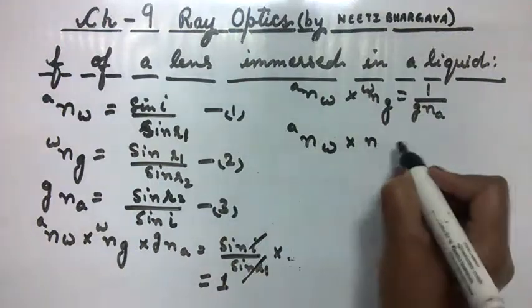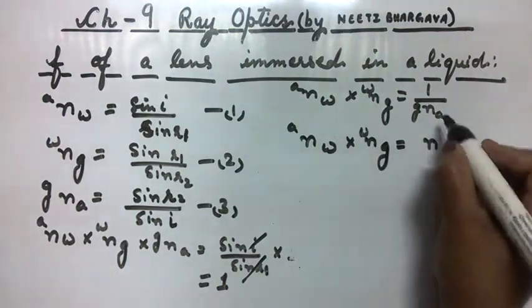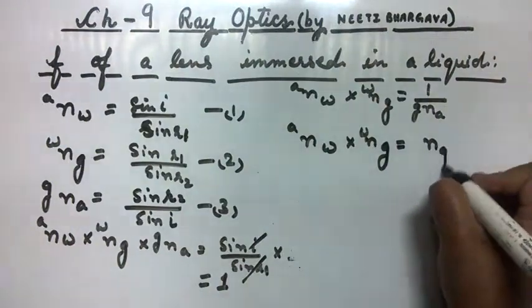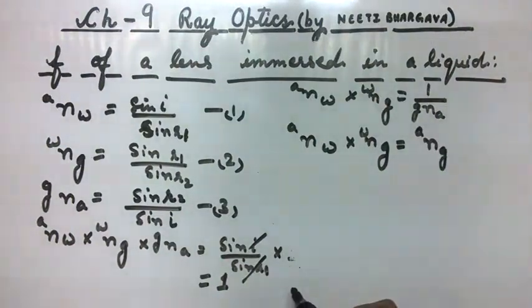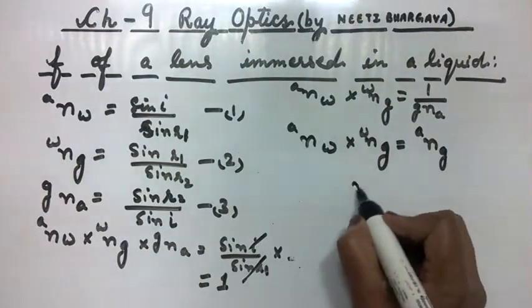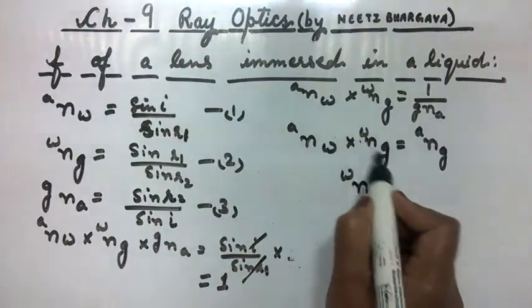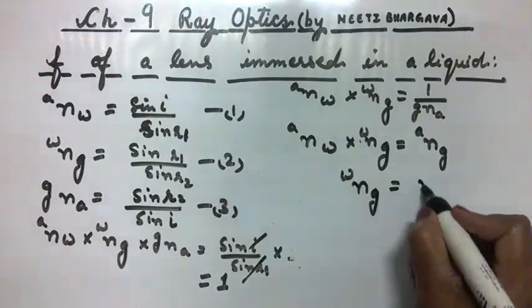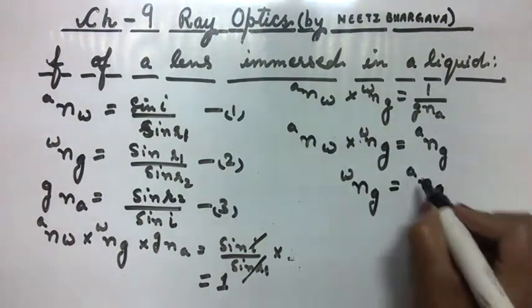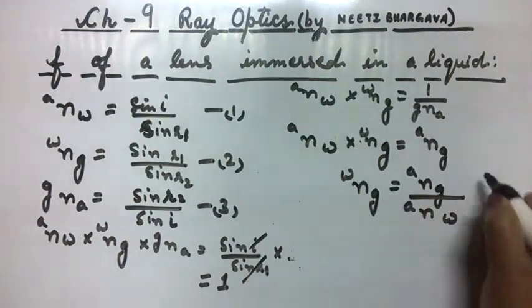So if we want to find the refractive index of glass with respect to water, it is equal to the refractive index of glass with respect to air upon the refractive index of water with respect to air.